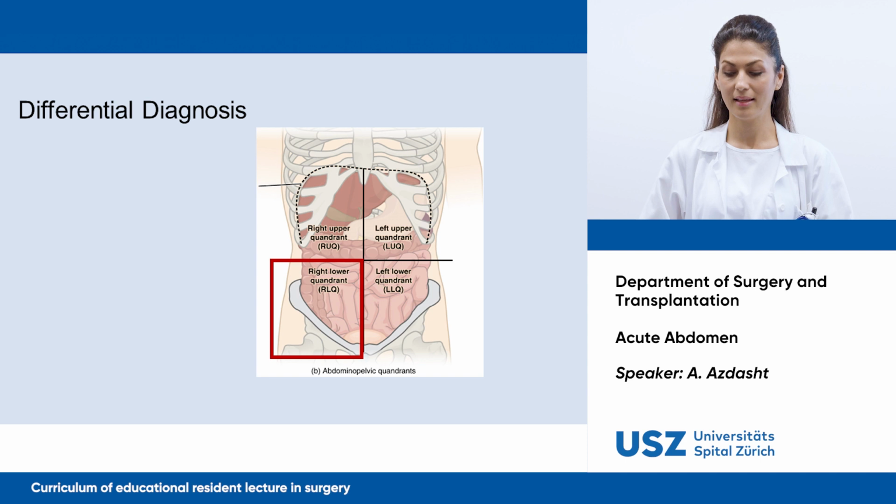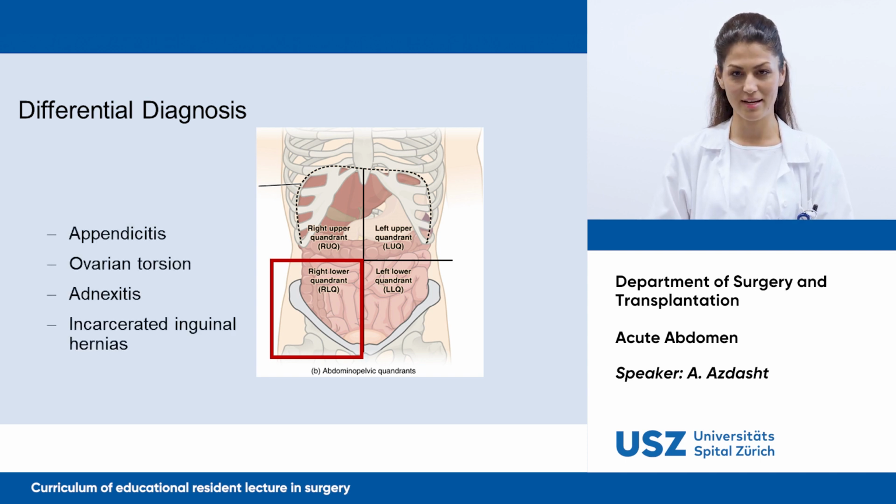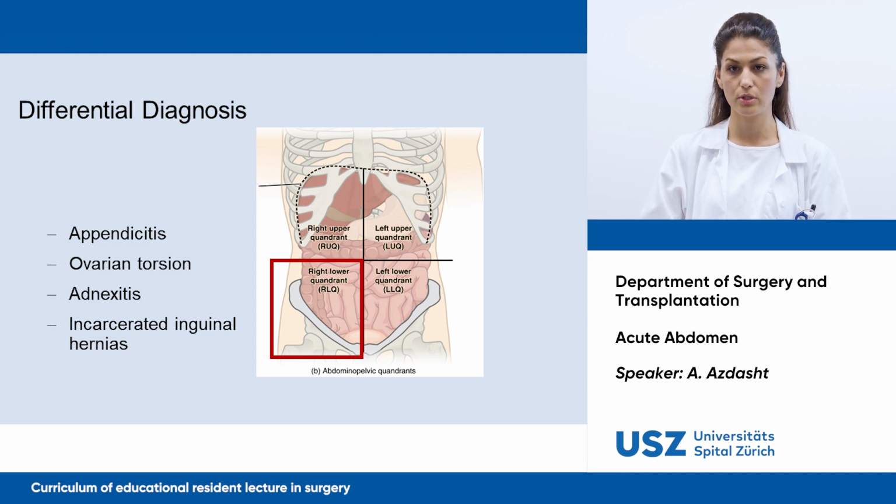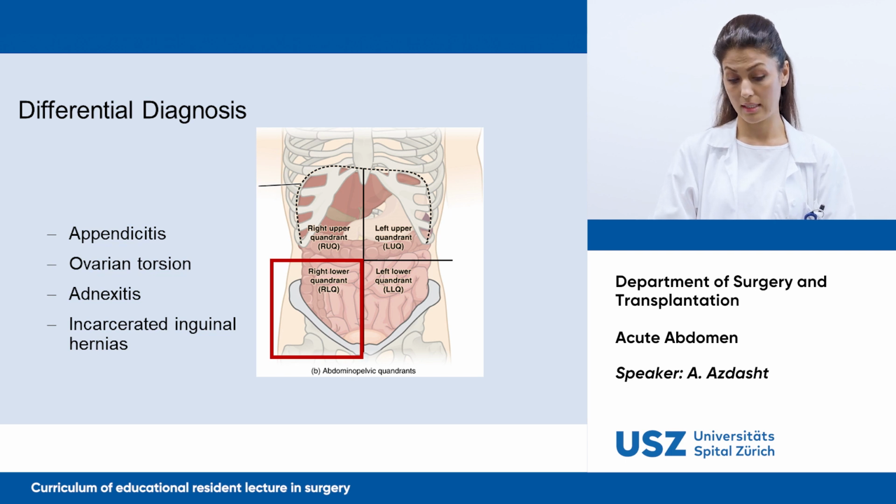Maybe acute appendicitis. Thank you very much. This is correct. If we think of female patients, of course, we also have to think about an ovarian torsion. For example, if the patient has an ovarian cyst and it ruptures and then causes a torsion of the ovaries. Also adnexitis or ectopic pregnancies, as well as incarcerated inguinal hernias.